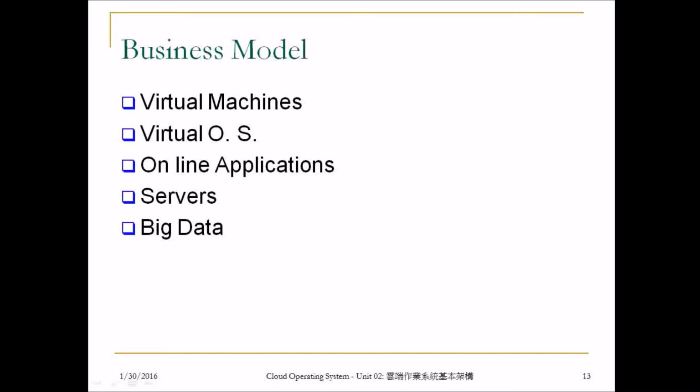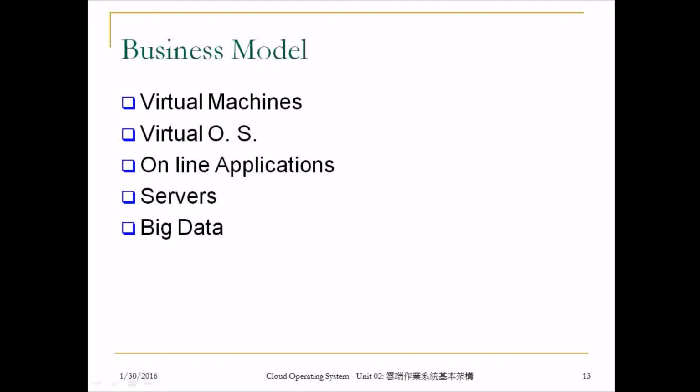So since we can provide virtual machines, we can provide the virtual operating system and online application. We can provide more flexible service for our client user. For example, we can provide a service, no matter database or a web service.